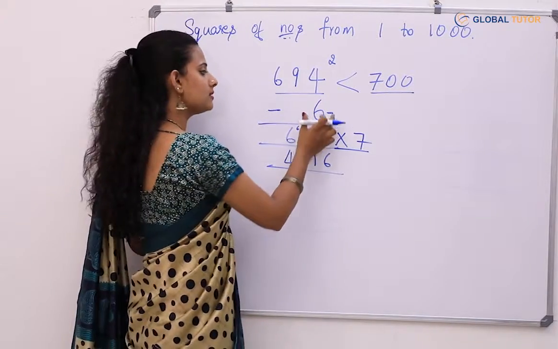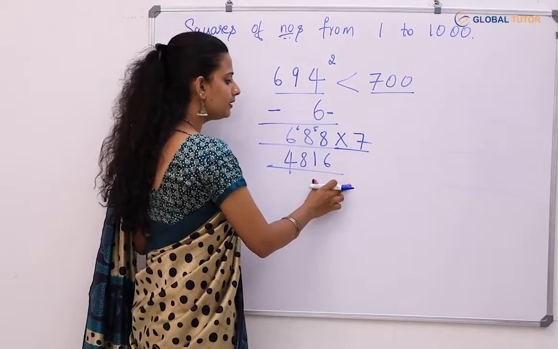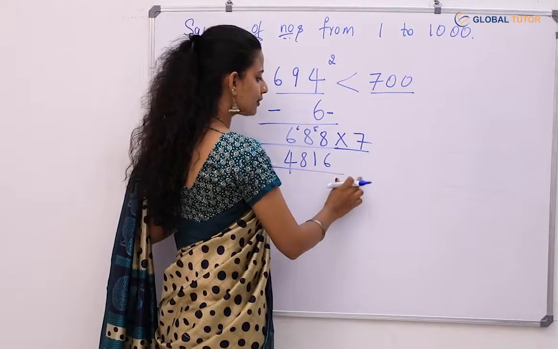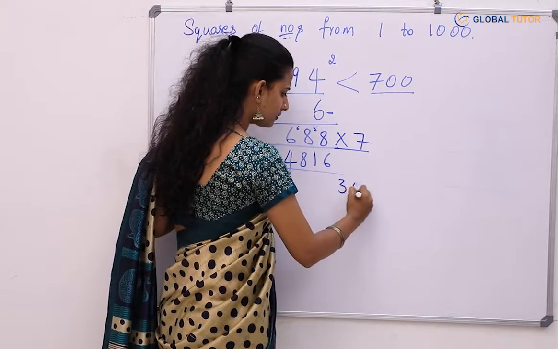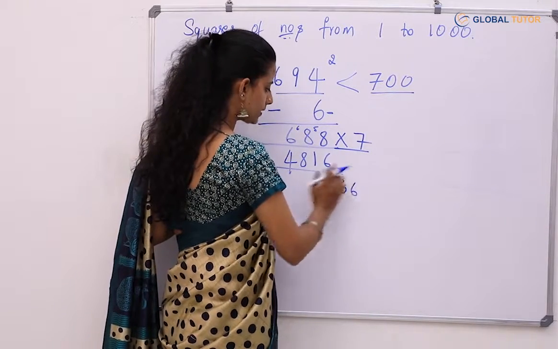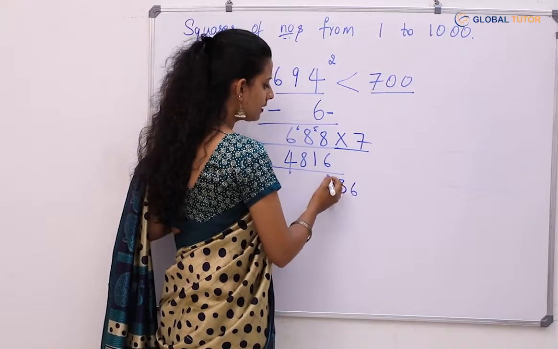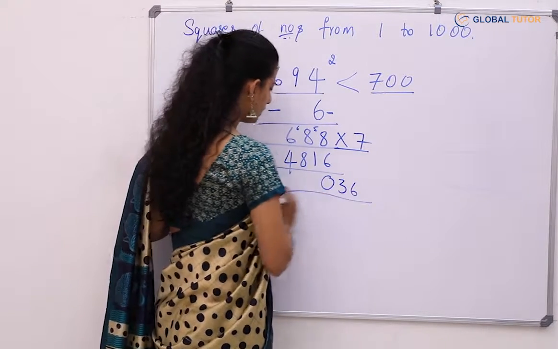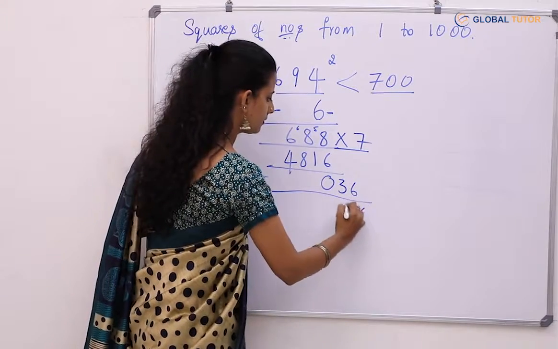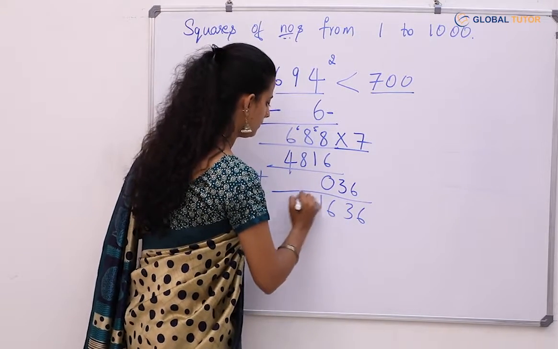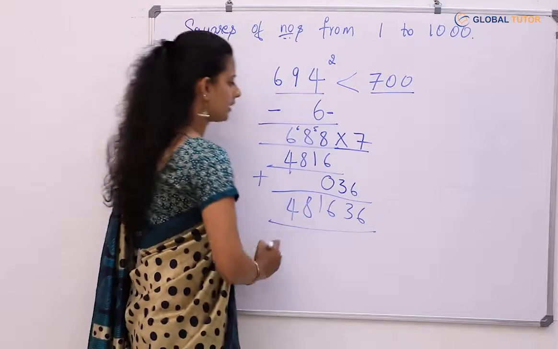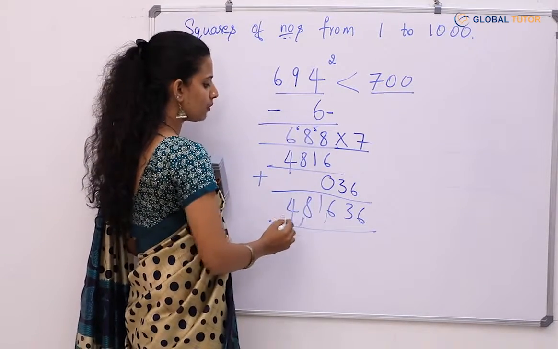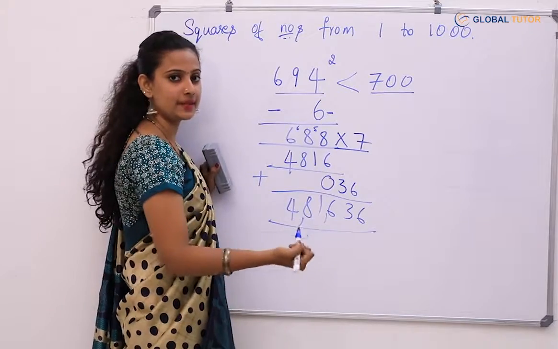However, 36 is a 2-digit number, and here because the reference is in hundreds, we have to first write 36 here. 2 digits have to be outside this number, and then since here there is nothing, you can just write 0. Now you add this. So when you add this, you get the answer. So square of 694 is 481636.